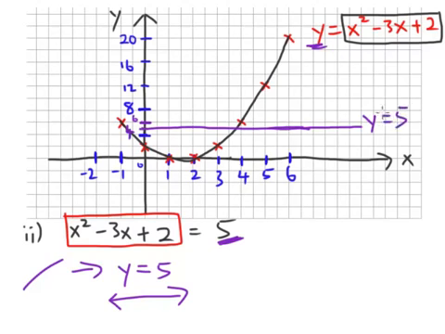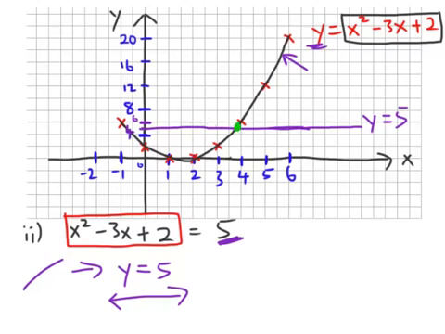What you have to do is really easy. Just look at the intersection points between the line y equals 5 and the curve that we drew at first, which is y equals x squared minus 3x plus 2. This curve. And where's the intersection point? You could see very clearly it's over here, right?